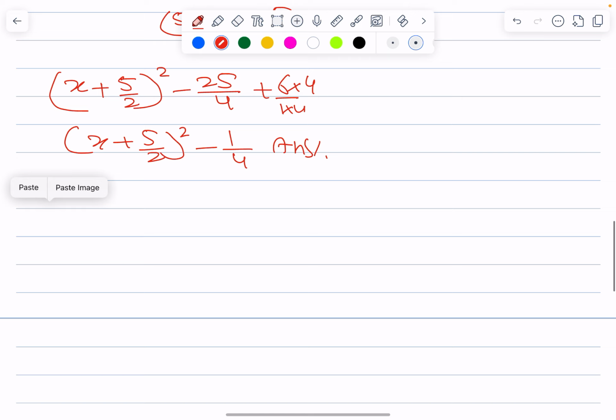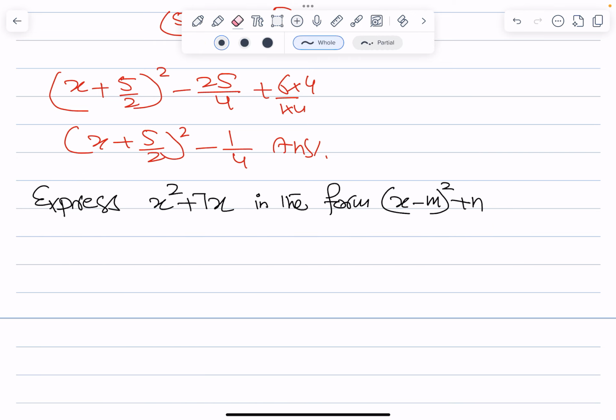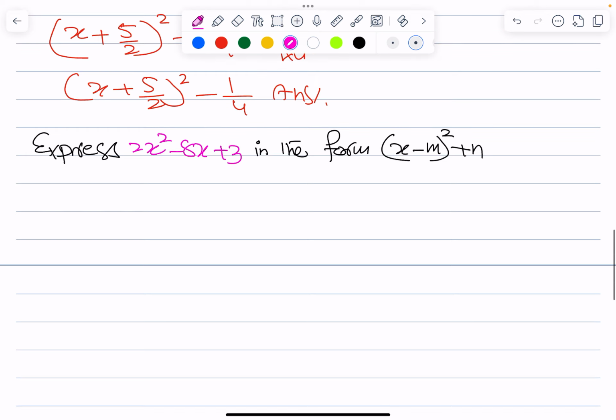Now if we change the question, when the coefficient of x squared is other than 1, like the question 2x square minus 8x plus 3. First thing, you have to take 2 common, but let's start this question with the second way.